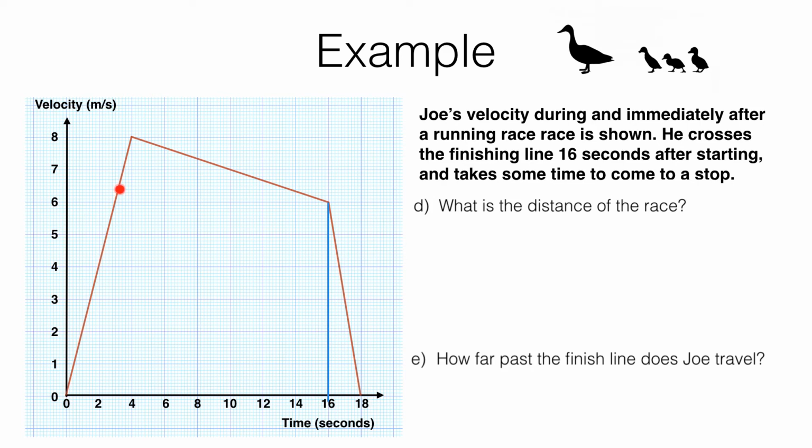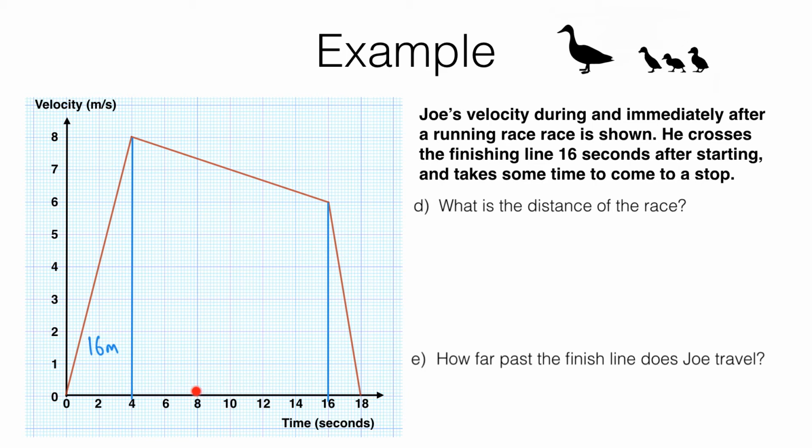Now, this shape here is not an easy shape to find the area of, but fortunately, we can split it up. Remember, in the previous part of the question, we'd already worked out that the area of this triangle on the left was 16, and that represented a distance travelled of 16 meters. Now we also need to find the area of this shape here, and then we can add that to 16.